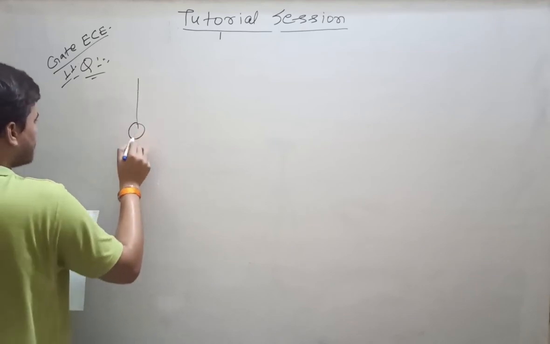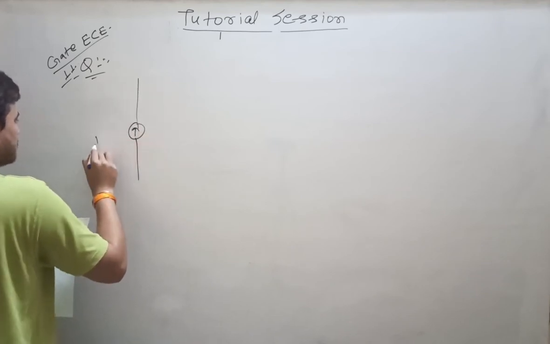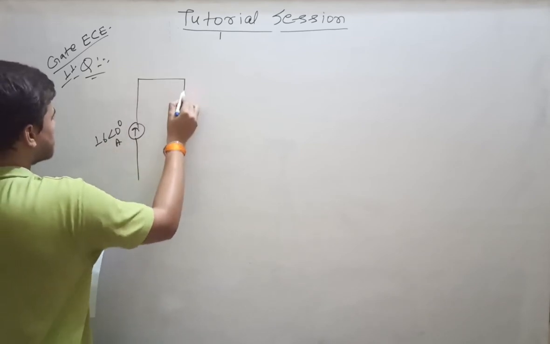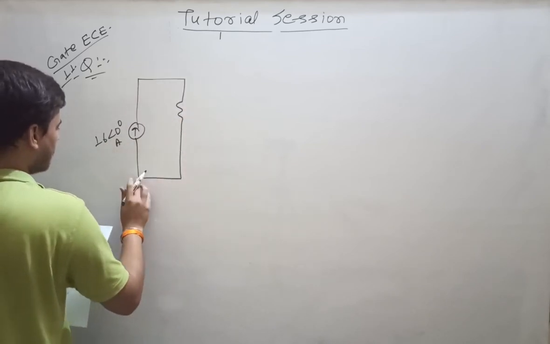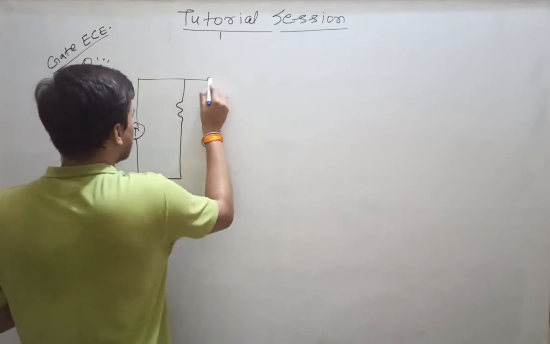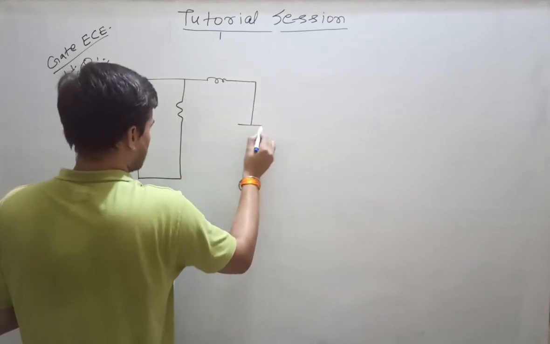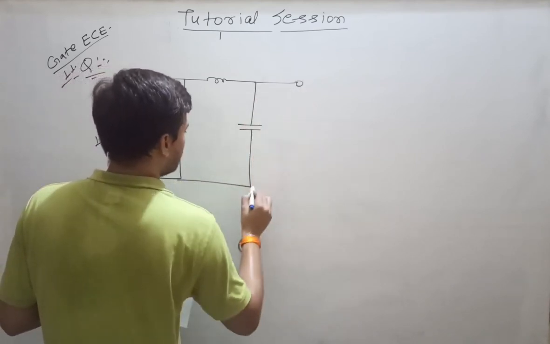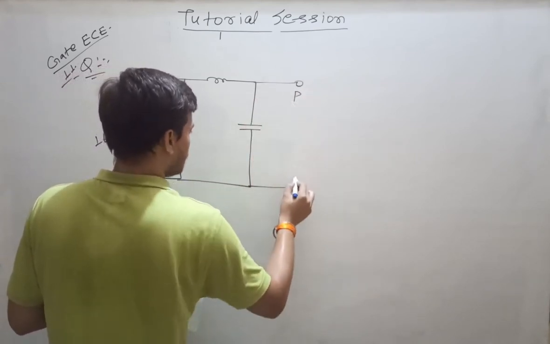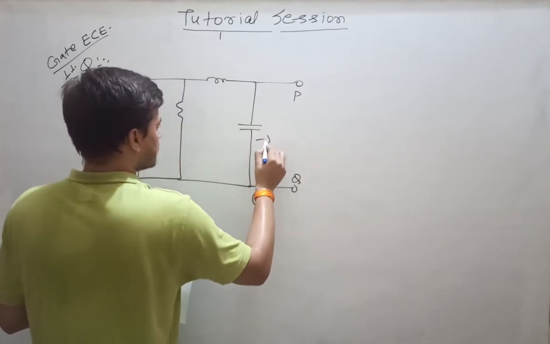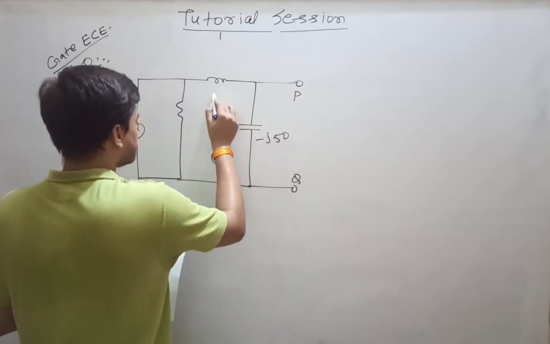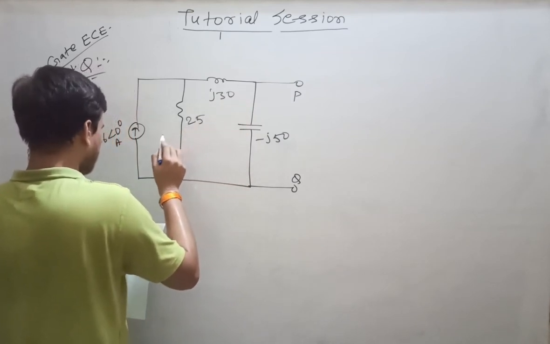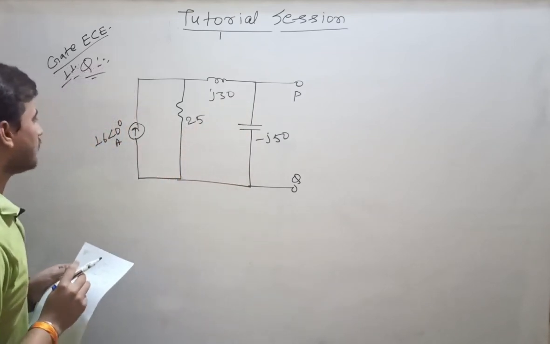There is the current source. Its value is 16 at the angle 0 degree ampere. You are having a resistance. This is P. This is Q, this is minus J50, this is J30, this is 25, this is 16 at the angle 0 degree ampere.